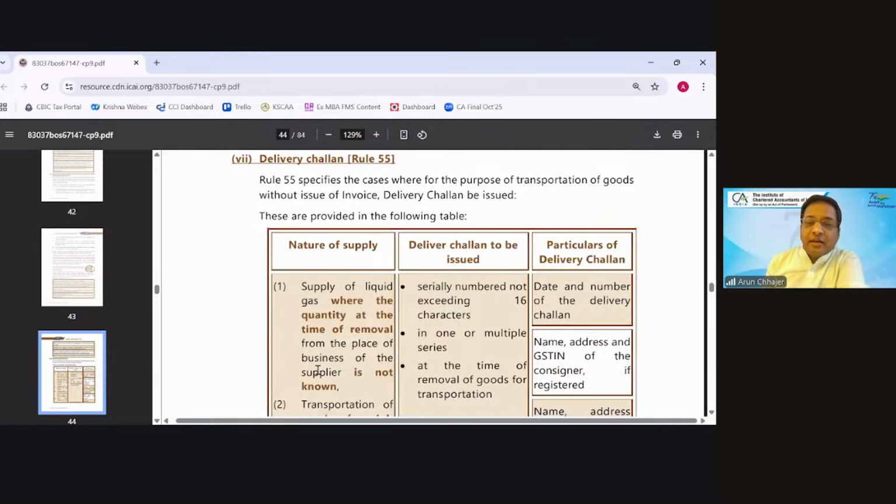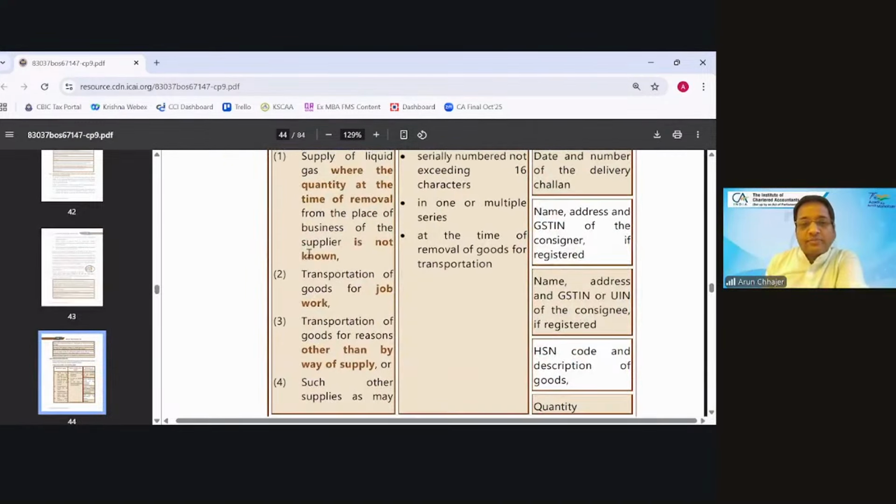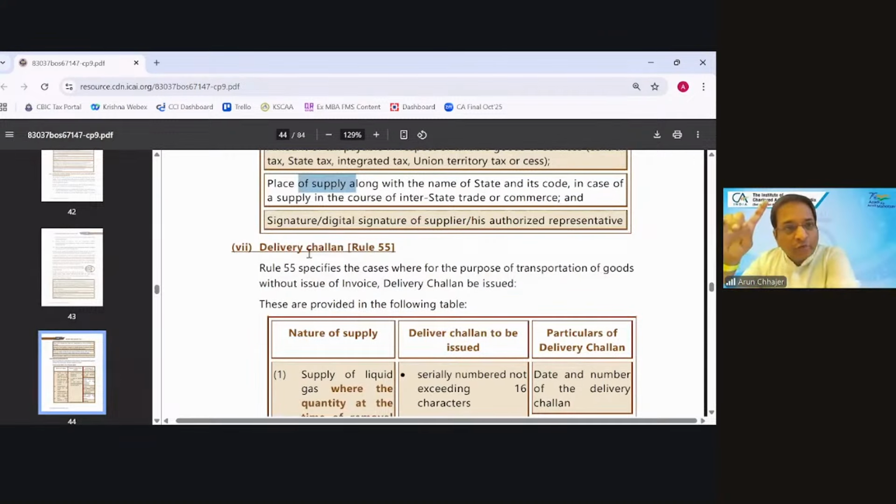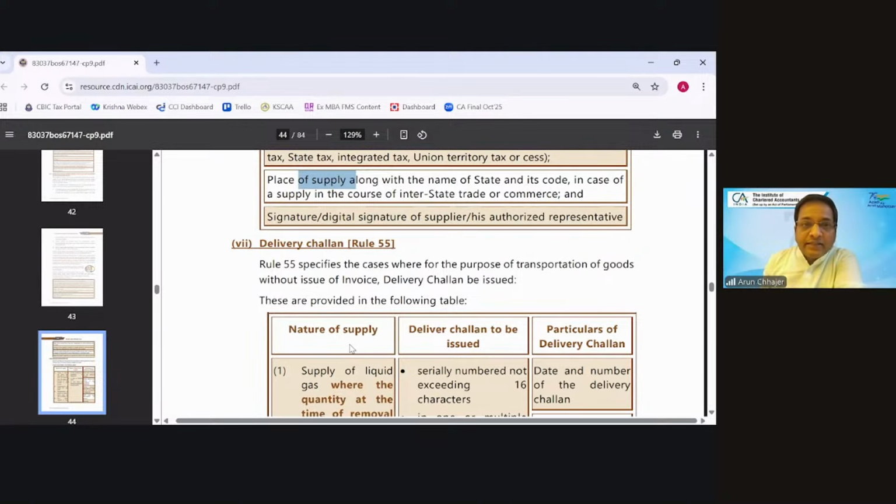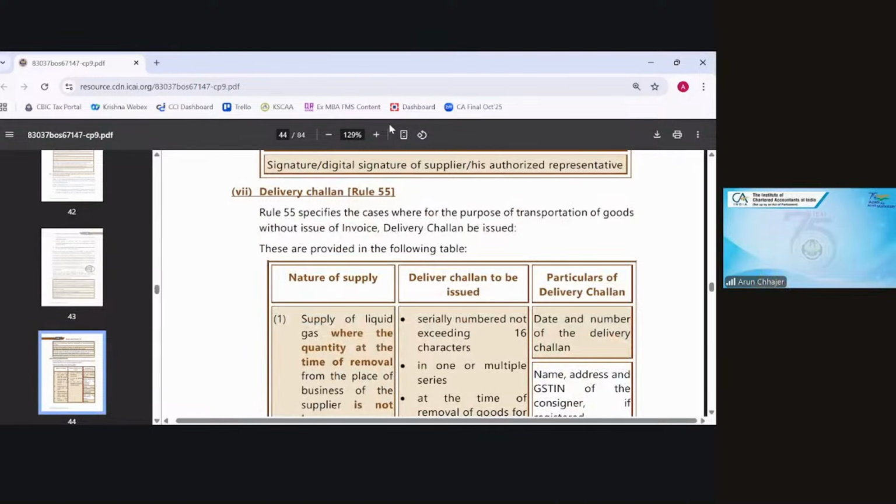Delivery challan. Now the delivery challan would be issued in 4 circumstances. What are the 4 circumstances? Supply of liquid gas, where the quantity at the time of removal from the place of business of the supplier is not known.